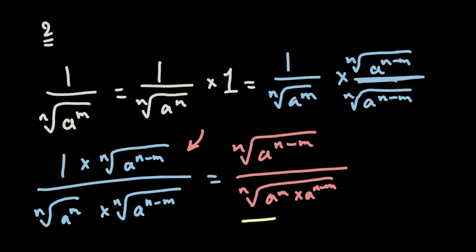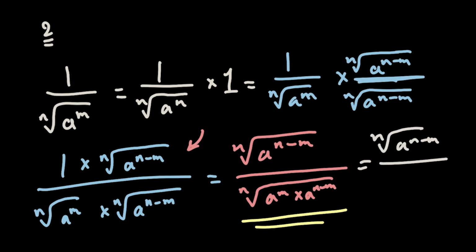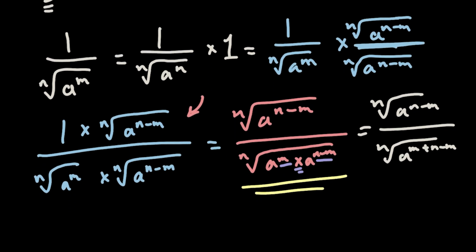Basically, we can simplify this denominator here. So we can just rewrite it as the nth root of a to the power n minus m over the nth root of a to the power m plus n minus m. Just notice here that I've just summed these powers because we have multiplication, so we'll sum the powers. So now what we will have, let me just make more space for me.